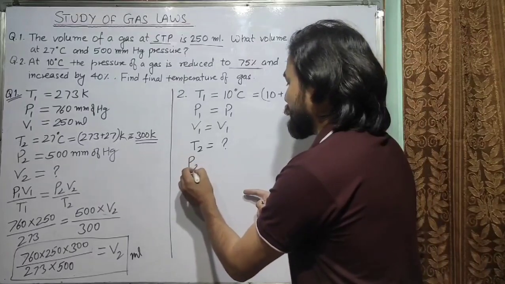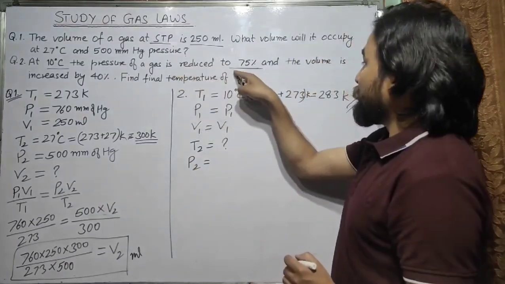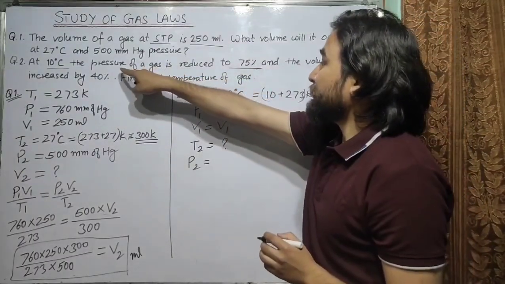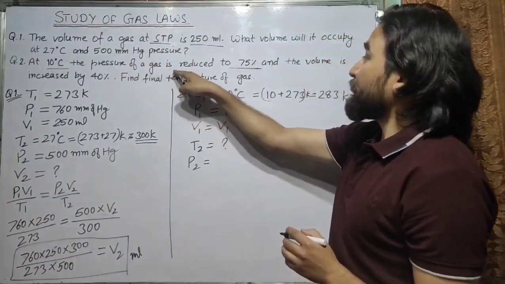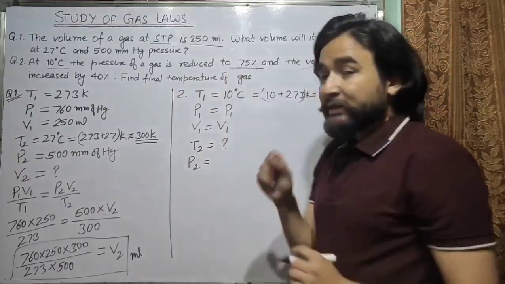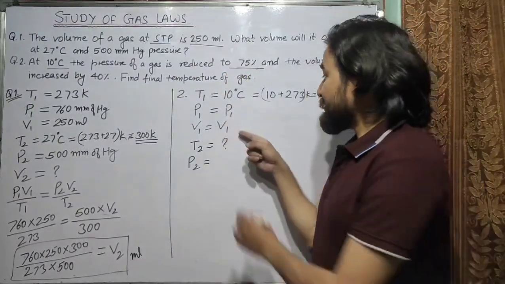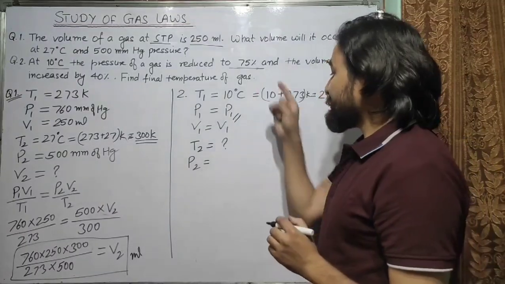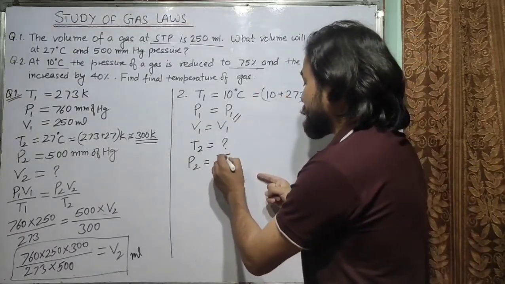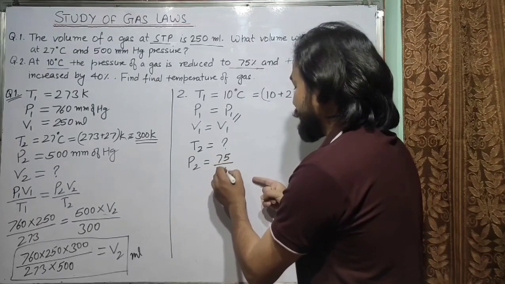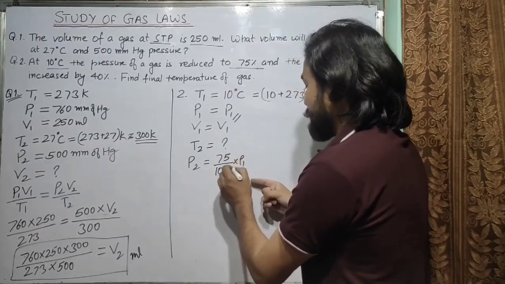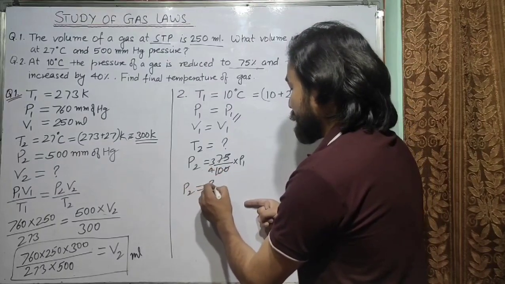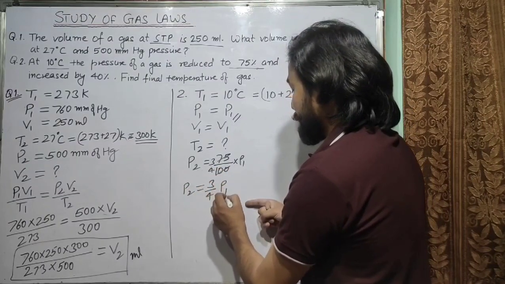If we talk about P2, P2 is 75%, because the question says that pressure of gas is reduced to 75%. What is the initial pressure? P1. So if the pressure is reduced, it will become 75% of P1, that is 75 by 100 into P1. So it will become 3 by 4. So P2 is equal to 3 by 4 P1.